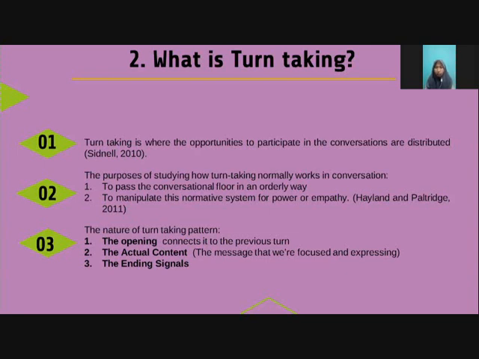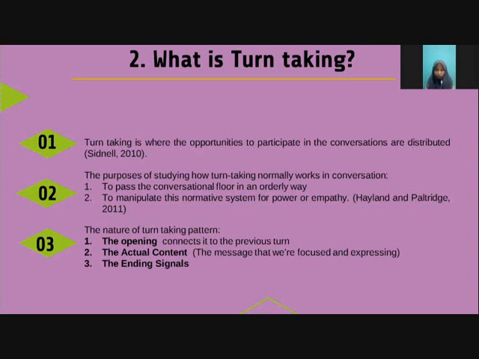People with confidence who understand the topic will talk more than those who don't understand the topic and lack confidence. We can say that turn-taking is the opportunities for other speakers to speak in the conversation.